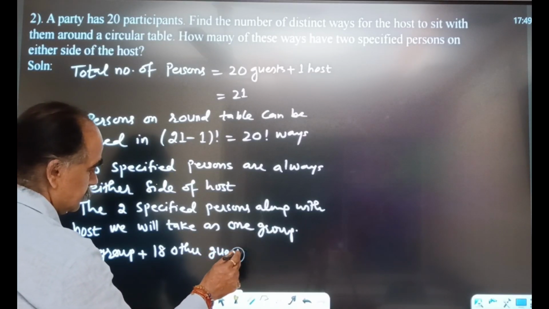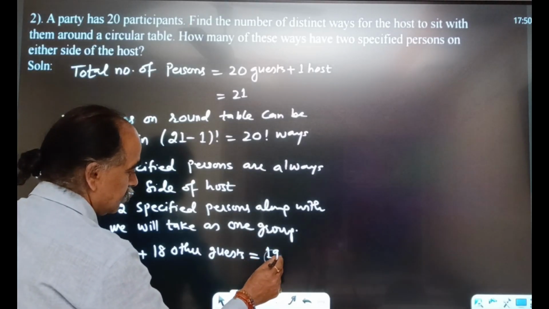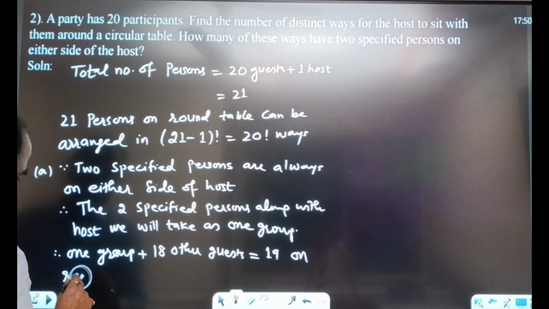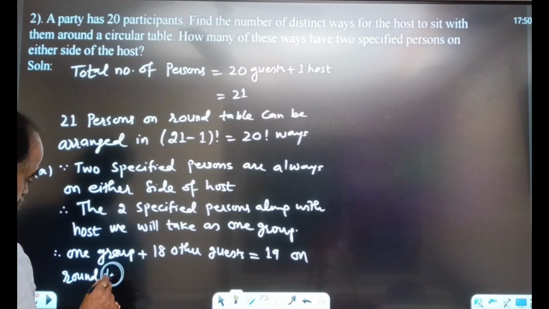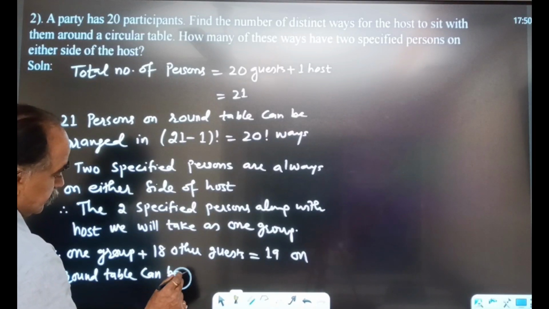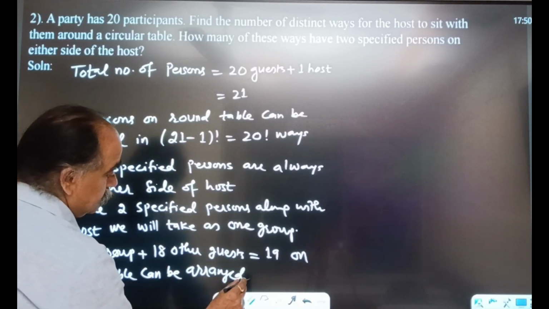Therefore, total number of arrangements will be what? 2 into 18 factorial ways. So this is the answer of the second part.